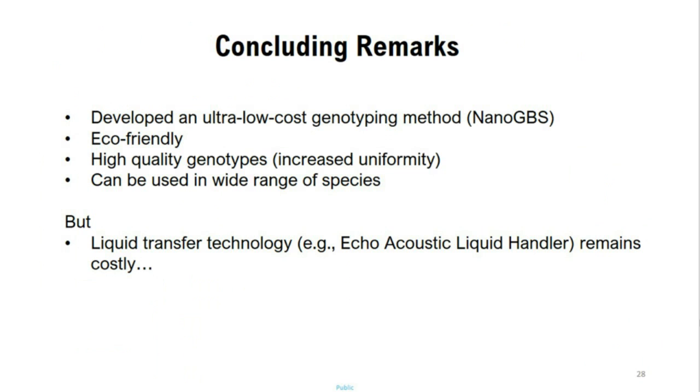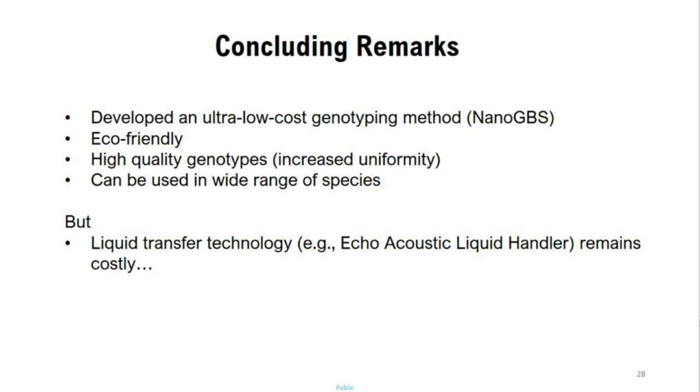Finally, as concluding remarks, I can tell you that we have developed an ultra-low-cost genotyping method, NanoGBS. We could reduce the genotyping cost by 72%. That's very impressive and can help people to use more genotyping methods. We developed an eco-friendly library preparation protocol that can help to reduce the use of plastic by 89%.